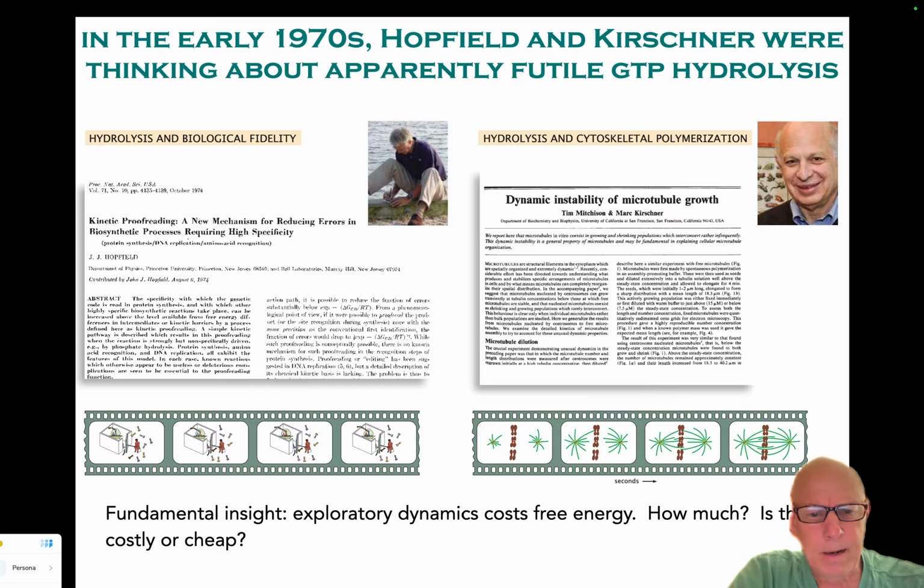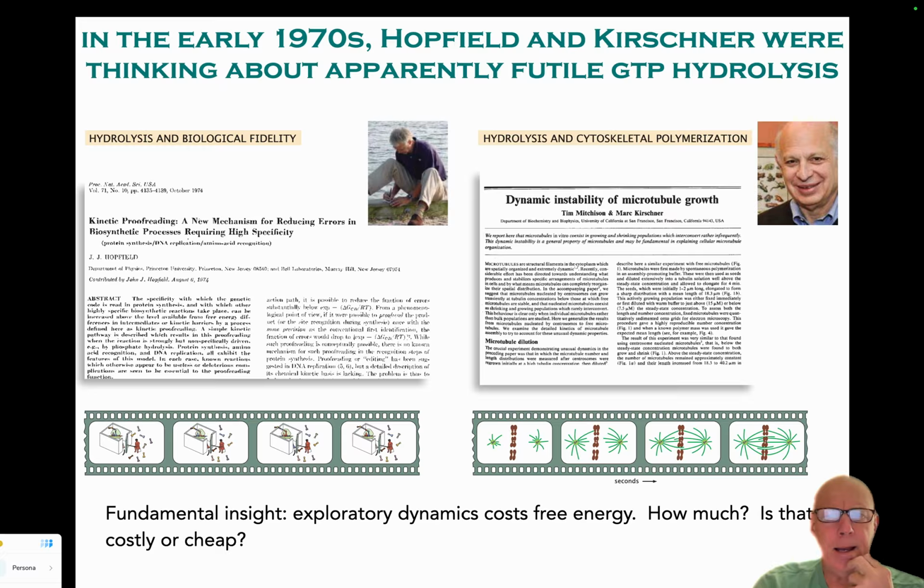I think the last thing I'm going to say, and I'm not going to go further, although there's a whole story that has to do with the power. I just want to note that in the early 1970s, John Hopfield and Mark Kirschner were both at Princeton, and they were both thinking about what amounted in the end to the same thing.